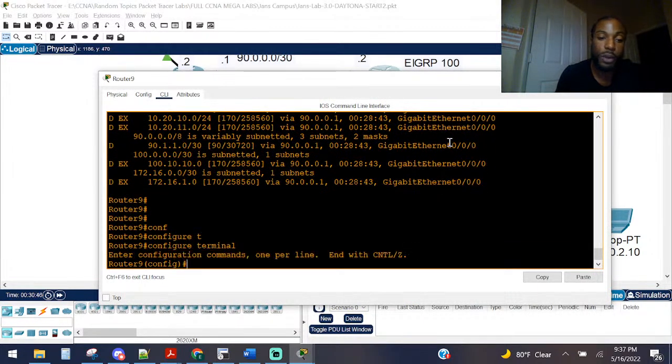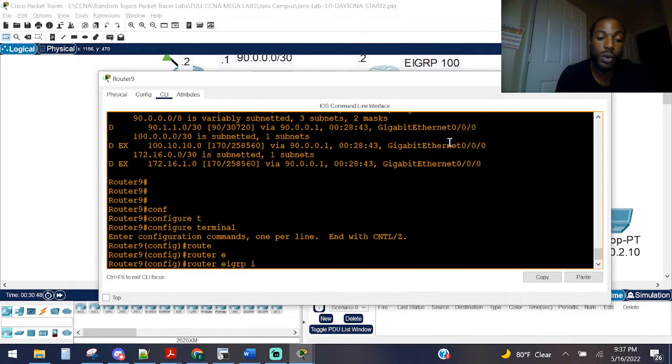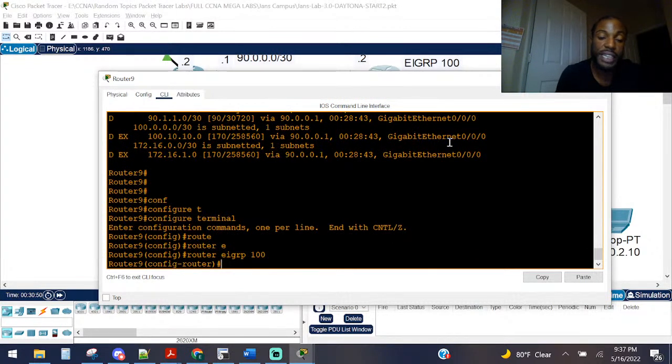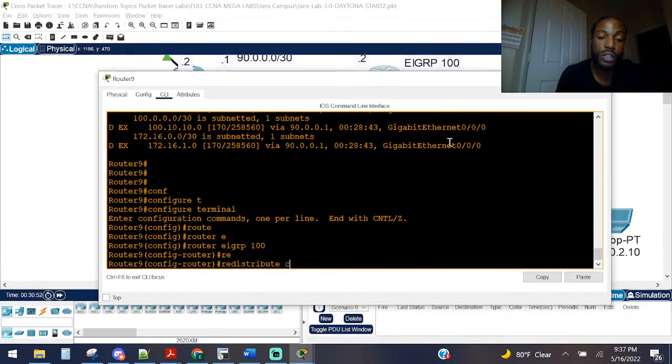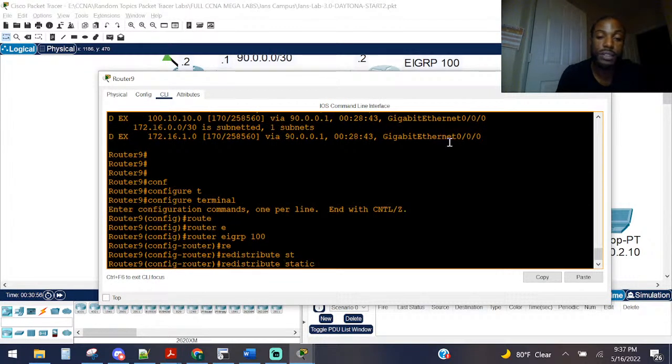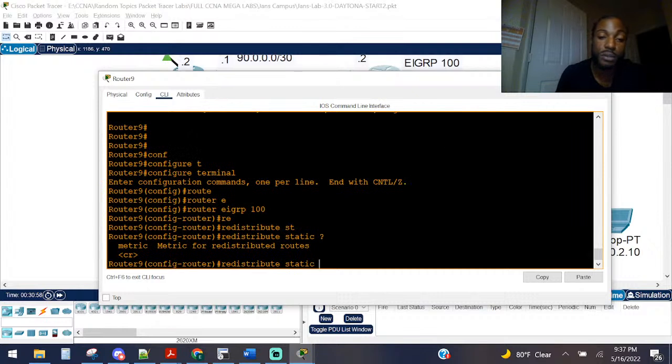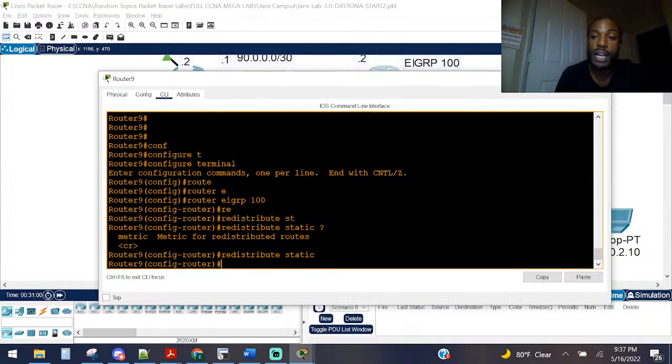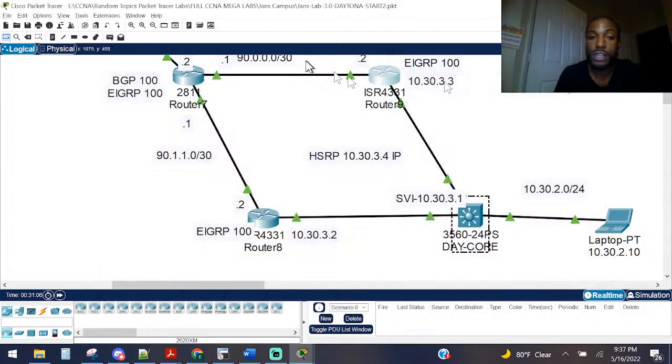We'll go to global config mode. We're going to go to router EIGRP 100. And we'll just say redistribute, not connected, but the static routes. We don't have to do any metrics or anything like that. So we'll just redistribute static, right? And then go to router 7 and see if he sees that route now, because it is a static route essentially. Go to router 7.